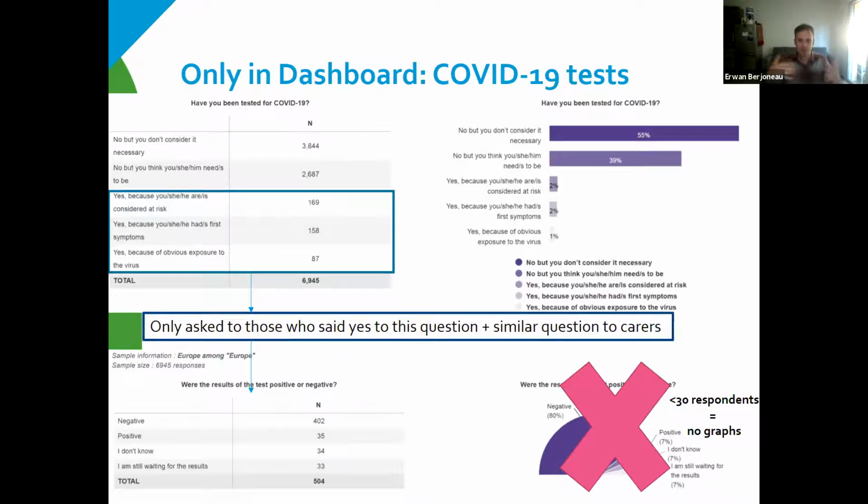So be careful with that, and that's why the dashboard is very interesting to use, is that it gives you an idea of how many people responded to that particular question. And so maybe sometimes you will understand that you need to be extra cautious when interpreting the results, and that also sometimes you won't have the percentages for that particular question.